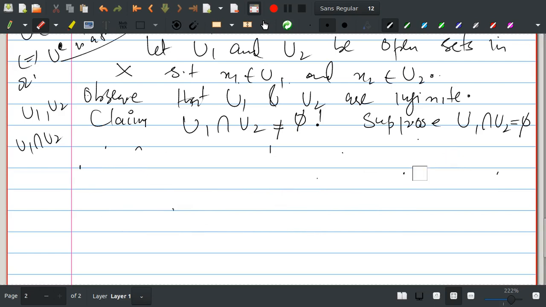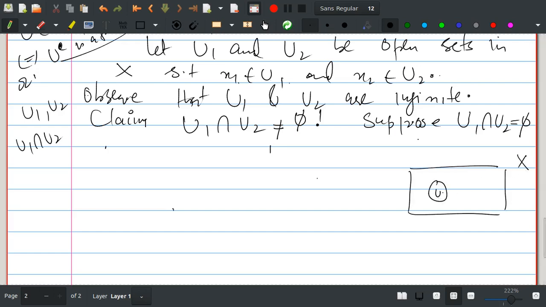Now we have this X here, which is an infinite set. We have U1 here and we have U2 here. Now we suppose they are disjoint, that means U1 is contained in the complement of U2.